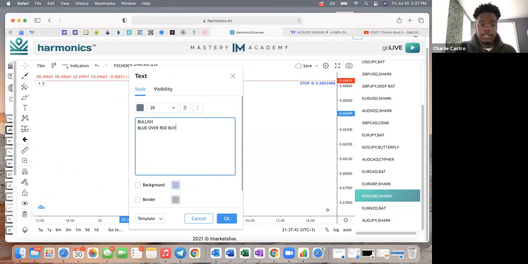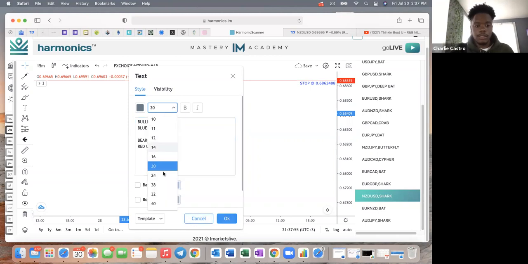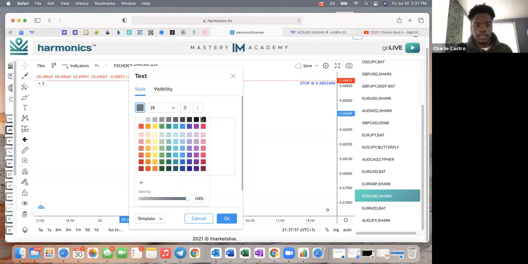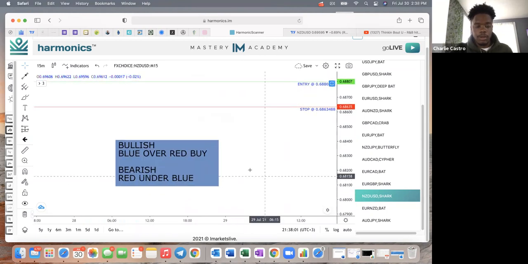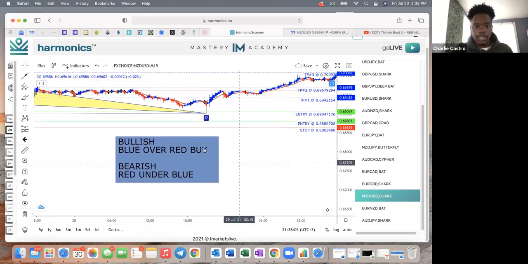That's one thing I like to say. If it's bearish and we're selling, we want the red under blue. All right, so let me put this out here so you can see it. It should look just like this.